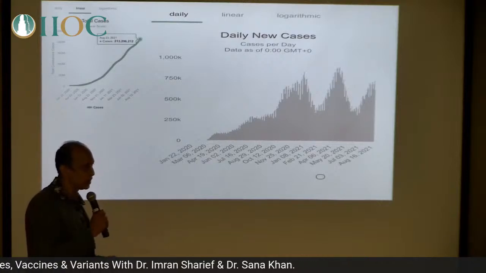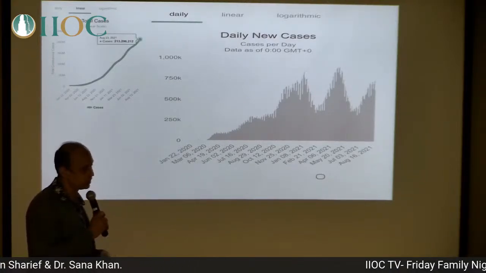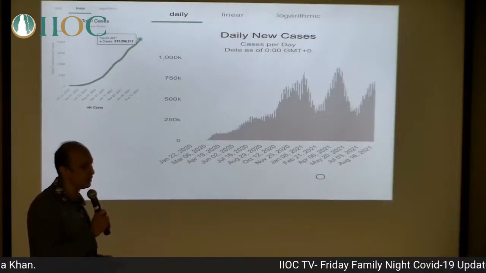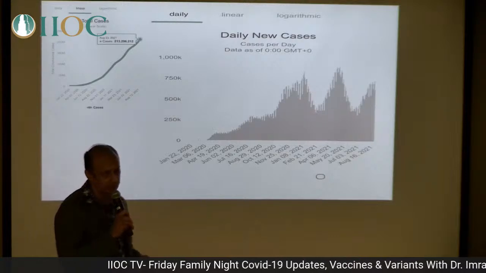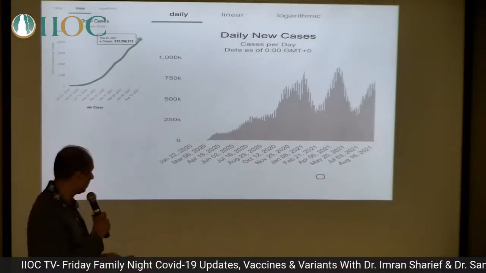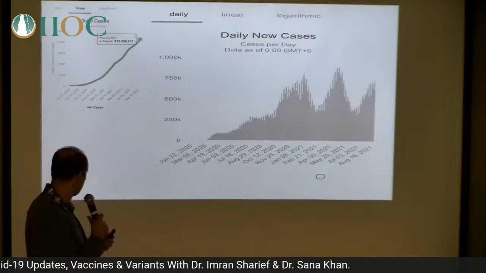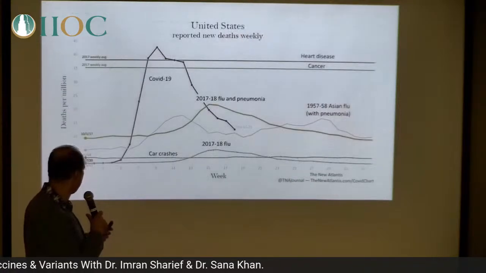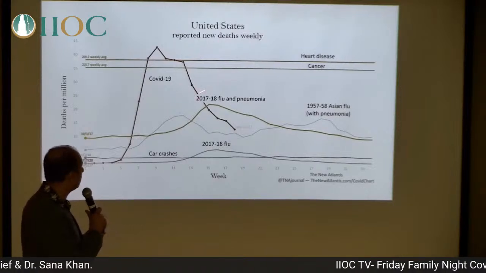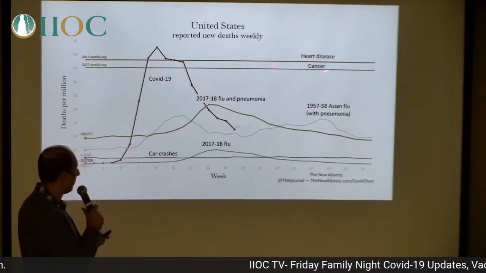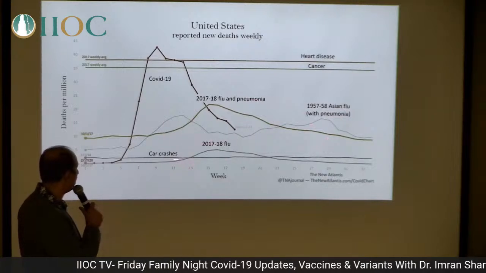All the states which are unvaccinated, which include Florida, most people are unvaccinated, that's what I mean, Texas, Mississippi, Louisiana, and southern states. This is just to compare different diseases, which include heart disease, cancer, flu, Asian flu, car crashes.